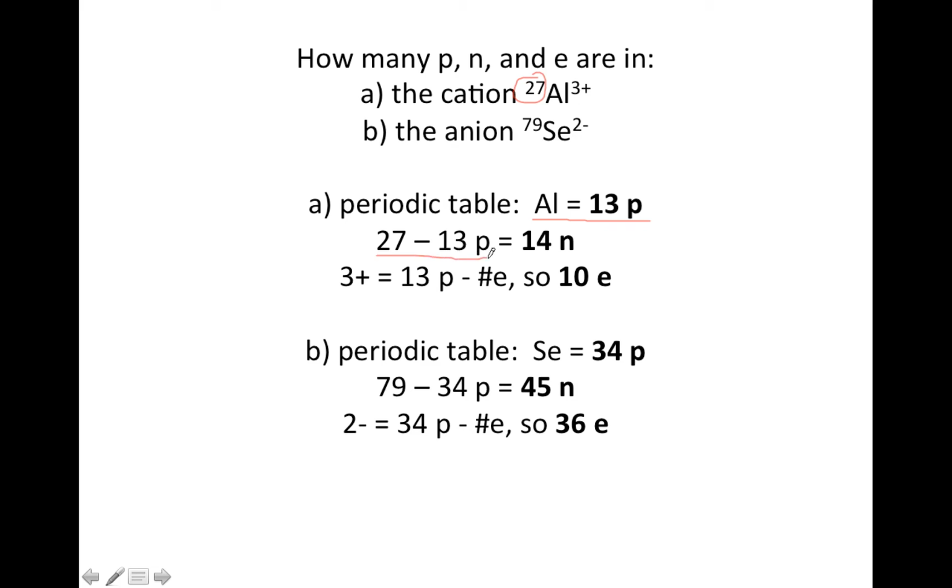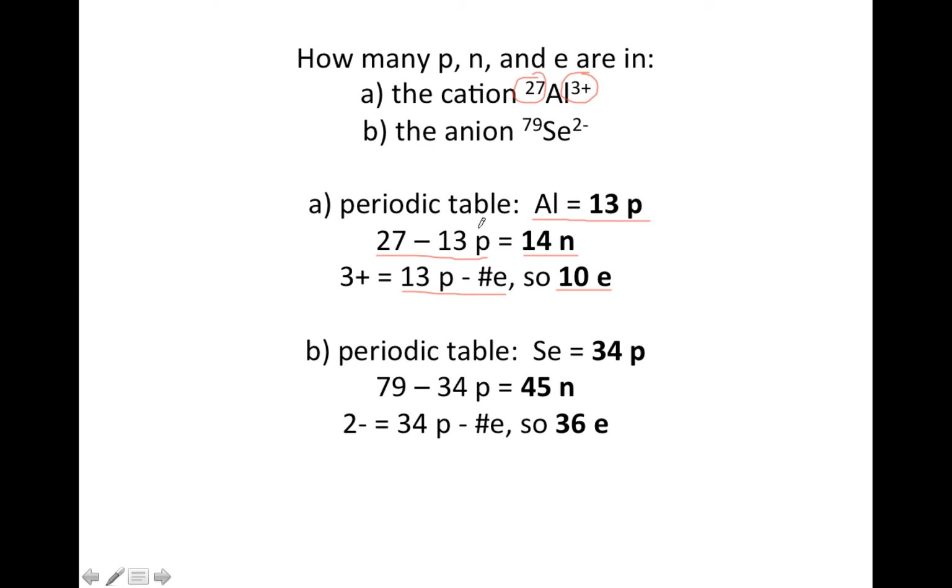So if we take 27 minus the protons, 13, we will get 14 neutrons. And lastly, the charge, plus 3 or 3 plus, and that we know is protons minus electrons, so there has to be 10 electrons, a difference of 3, and more protons than electrons to get a plus 3 or 3 plus charge.